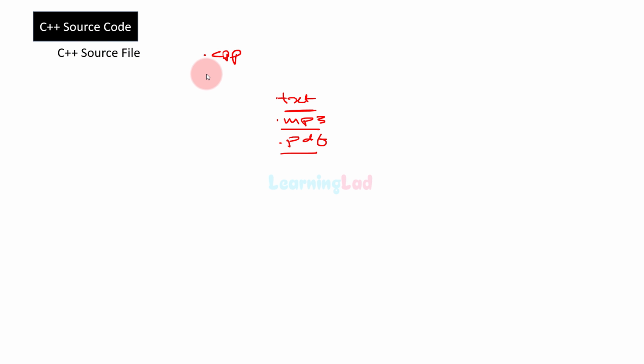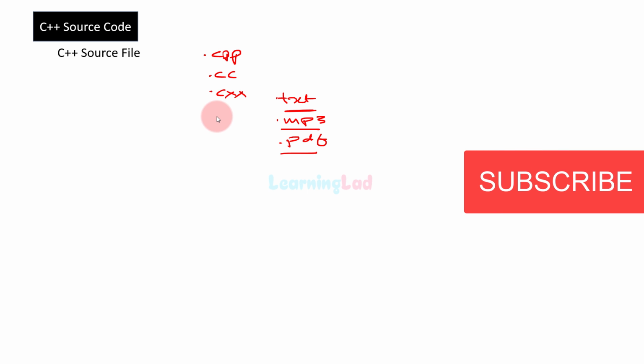Apart from this, you can also find the .cc extension, .cxx extension, .cp extension, and .C, here capital C, extension for the C++ source file. But the most often used file extension is .cpp.